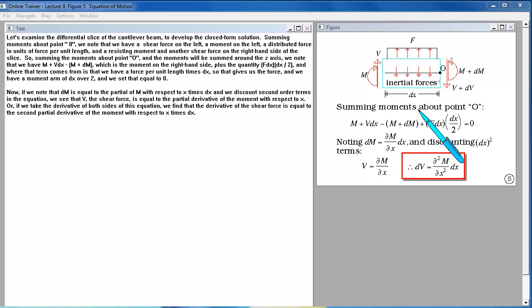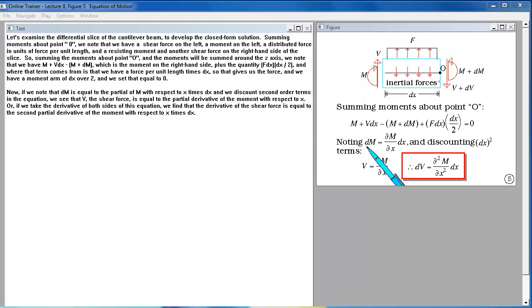Summing the moments about point O around the z-axis, we have M plus V dx, the quantity, minus the quantity M plus dM, that's the moment on the right-hand side, plus the quantity f dx times dx over 2. That term comes from the force per unit length times dx, which gives us a force, and then a moment arm of dx over 2. We set that equal to 0.